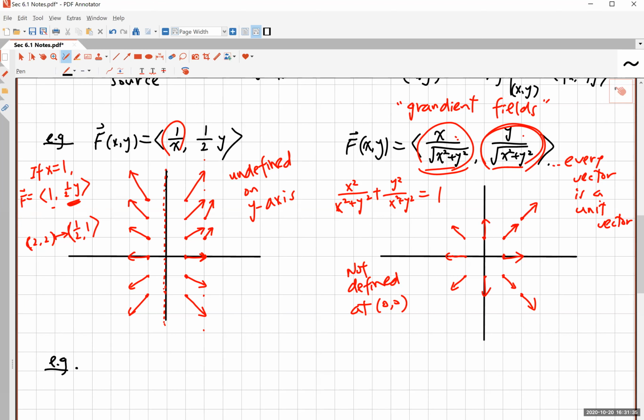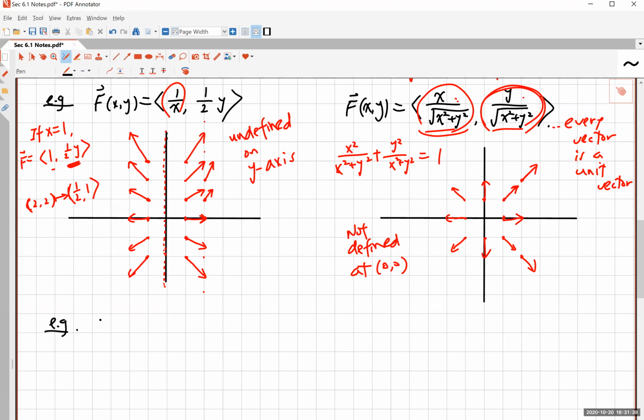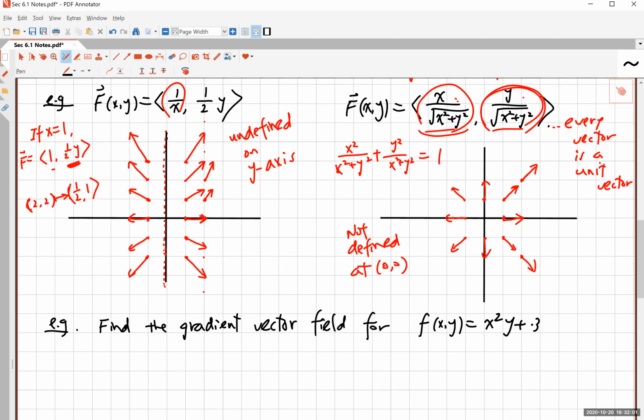All right, and then one more type of question you will see a lot of in homework is find the gradient vector field for a given multivariable function, right? So let me give you a function here where f of x, y is x squared y plus 3y or something.